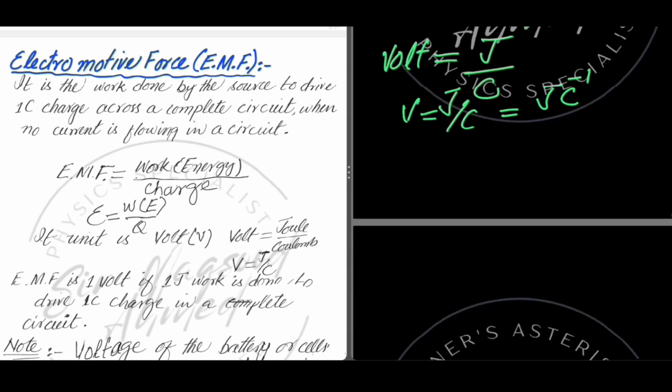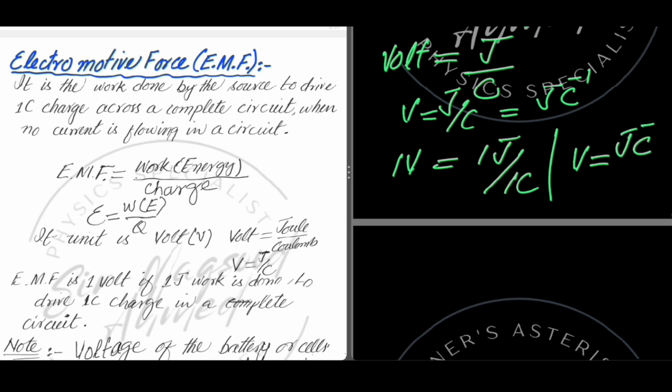Dear students, keep in mind the E.M.F is also known as the voltage. The voltage of the source, battery or generator is called E.M.F. E.M.F is 1 volt if 1 joule work has to be done by the battery or the source to drive 1 coulomb charge. So the volt is equal to joule per coulomb.